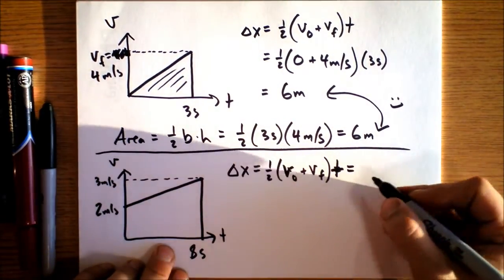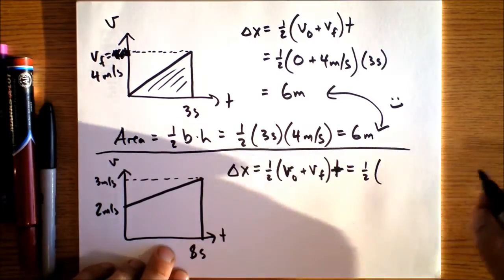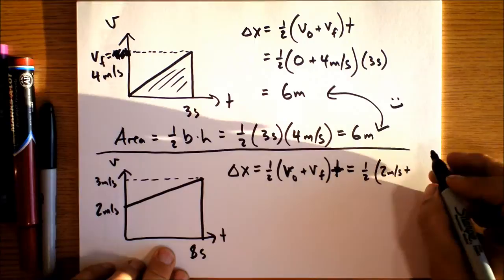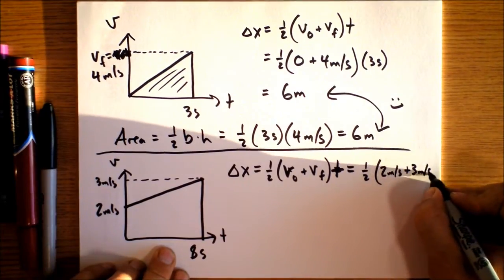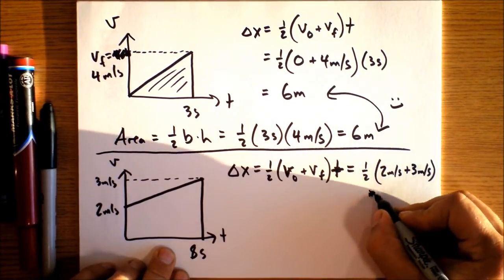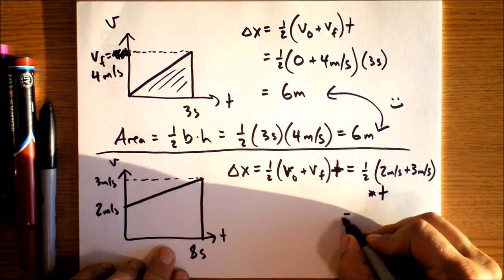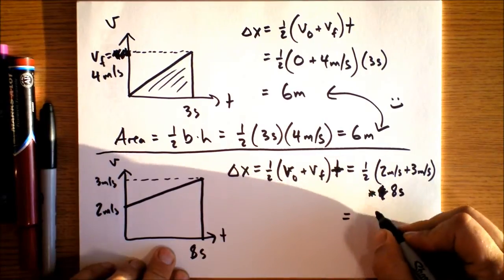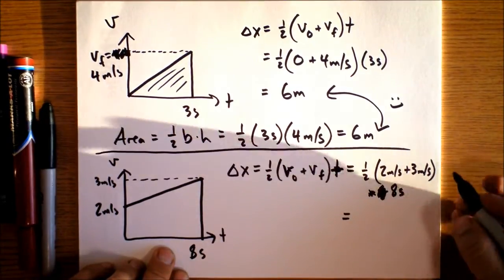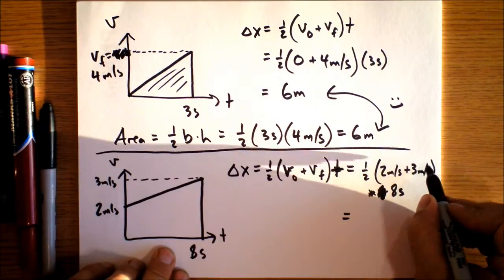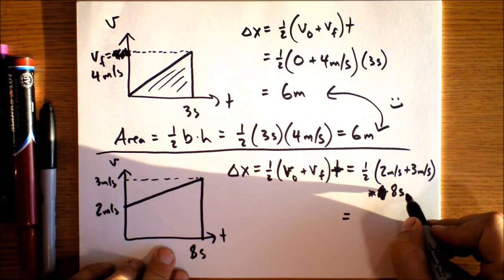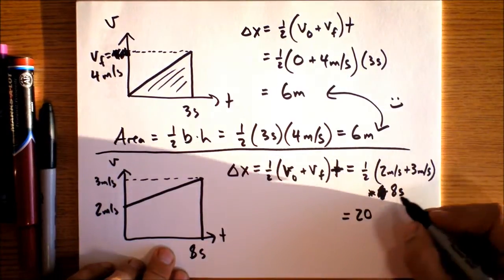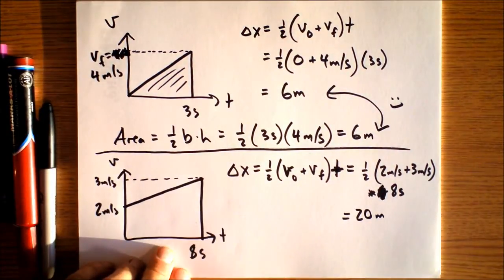That's equal to 1/2 times the initial velocity, which is 2 meters per second, plus the final velocity of 3 meters per second, and then we have to multiply by time. Of course, it's not time anymore, it's 8 seconds. If we multiply all that by 8 seconds, this is 5. We're going to multiply it by 8 to get 40. We're going to divide it by 2 to get 20, and the units will be meters because it's the distance traveled.